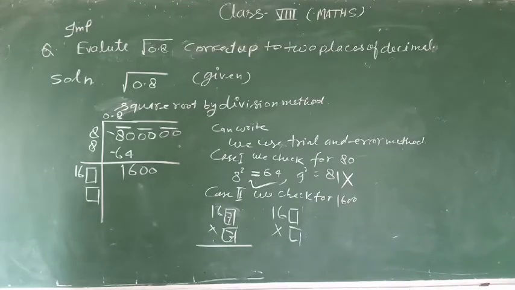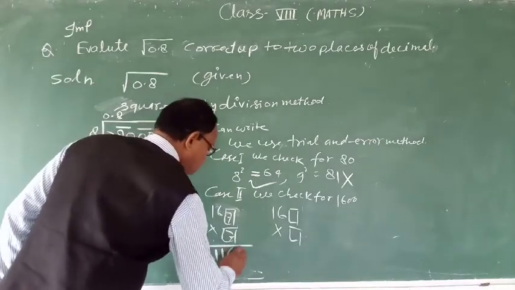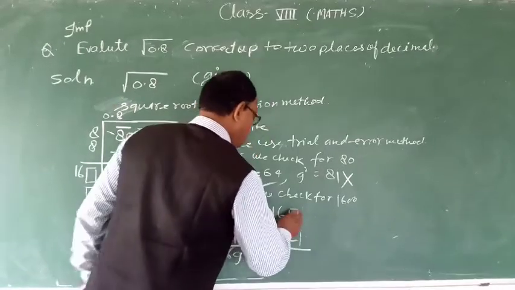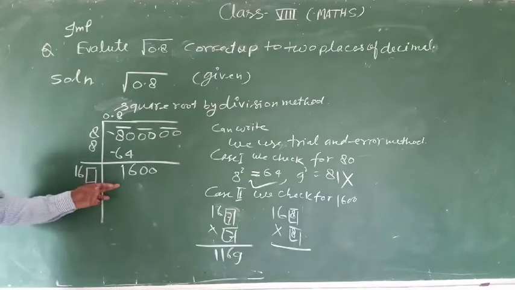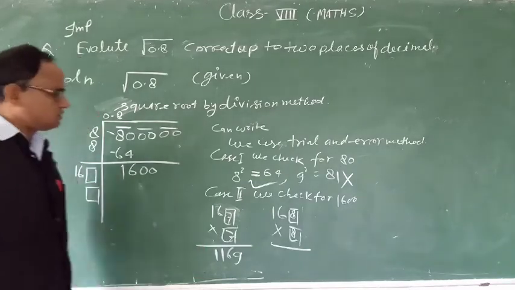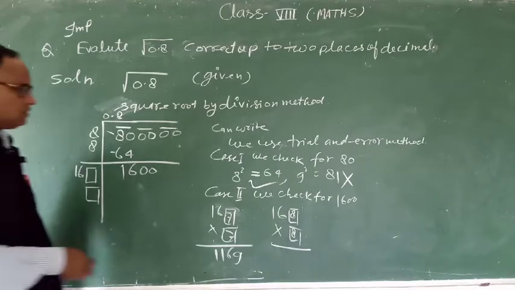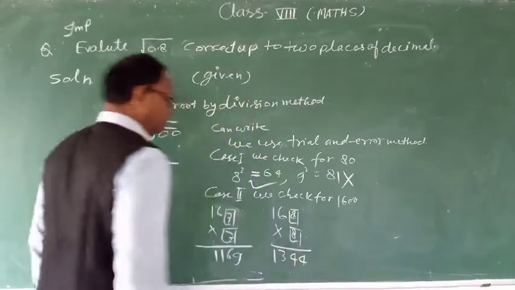Then we get here 1169, and the value of 8 square is 1344.